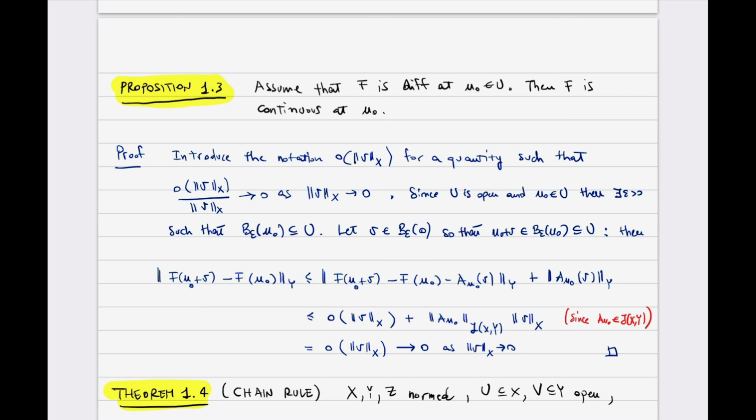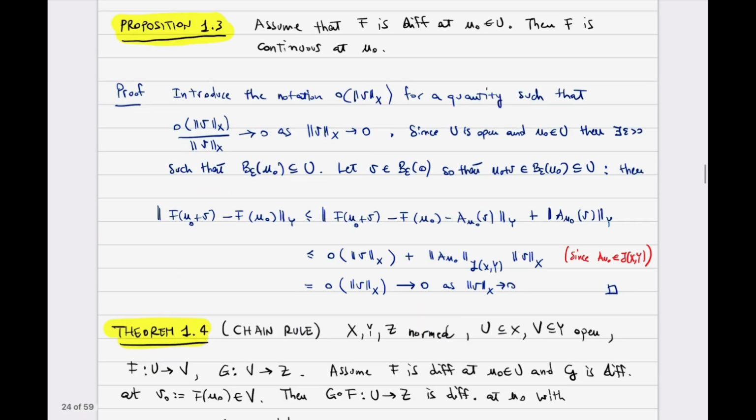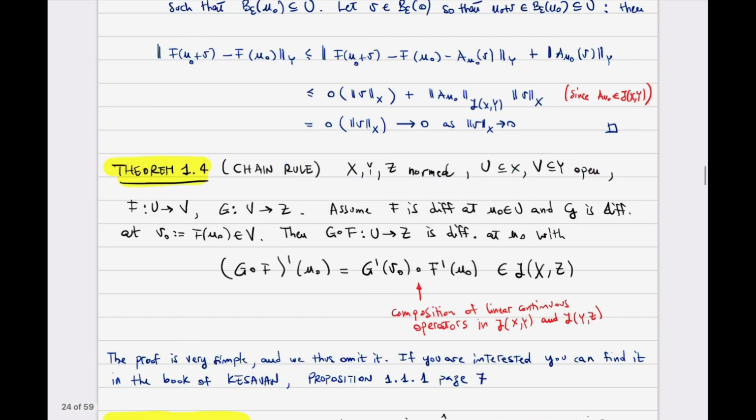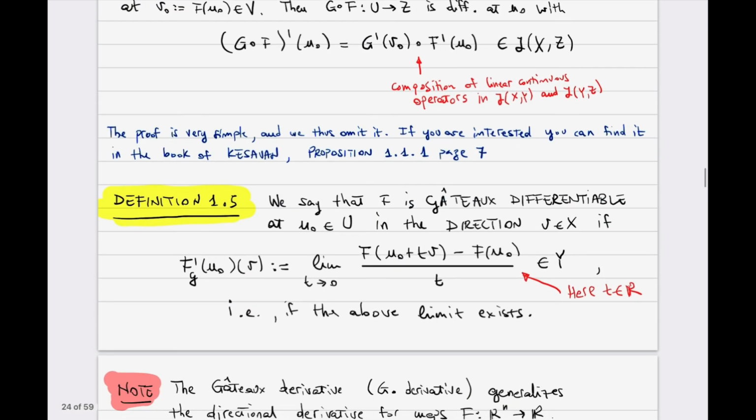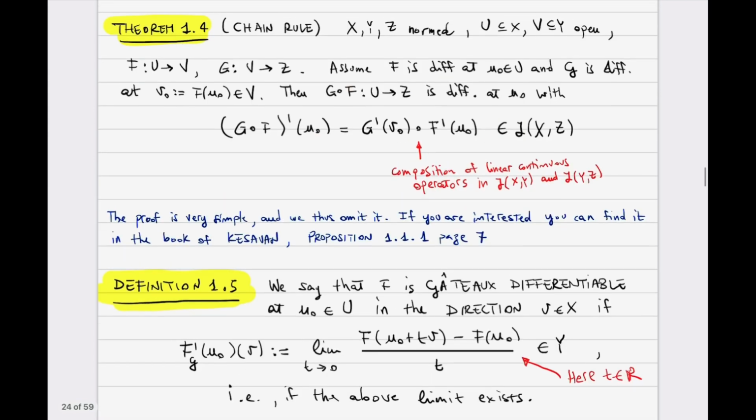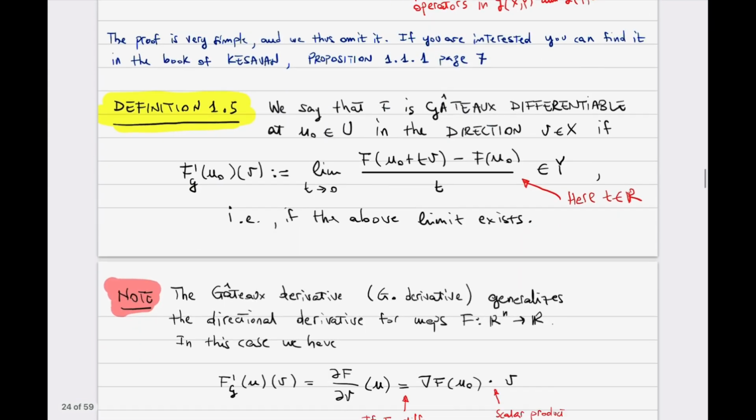What we need is that v belongs to the ball of radius epsilon centered at 0, so that when you take the sum u0 plus v, this belongs to the ball of radius epsilon centered at u0, which is contained in U, so that f at u0 plus v is well defined in this term here. Having said that, let's go back to the chain rule.